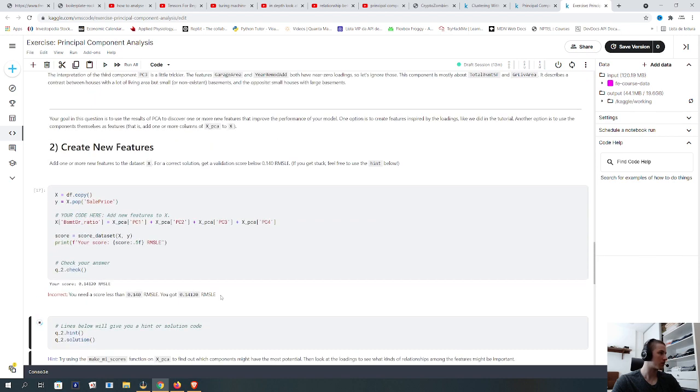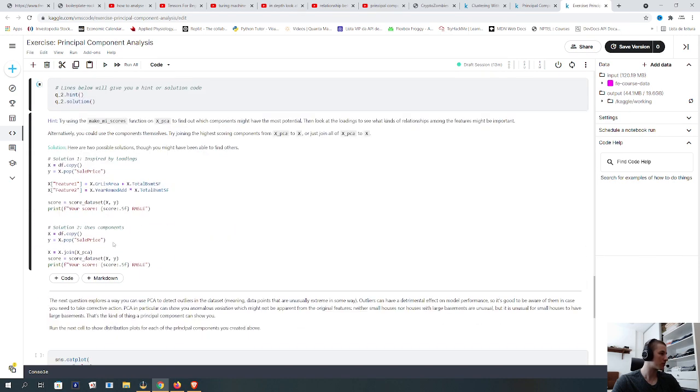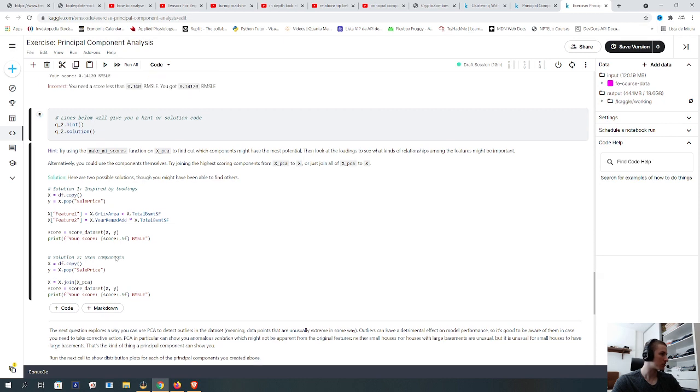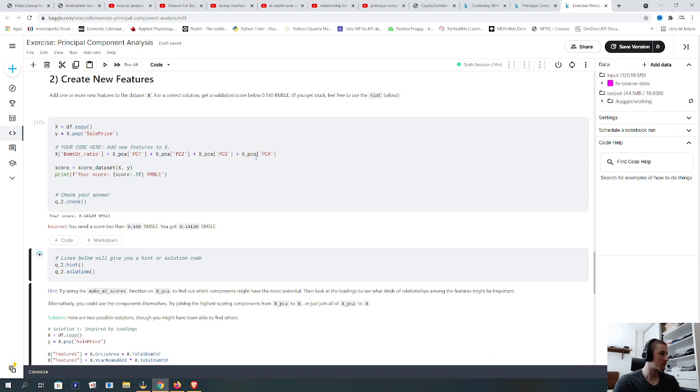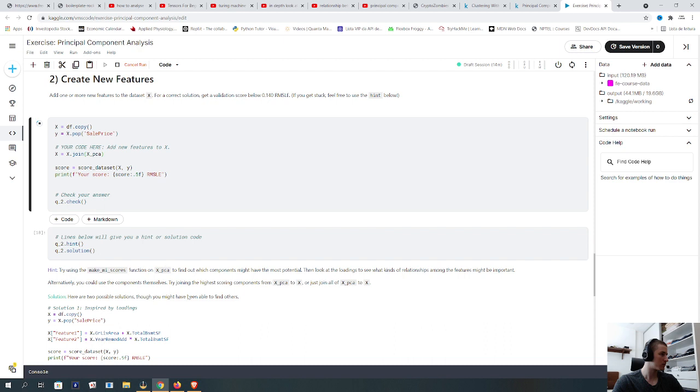X equals the F copy. X join XPA. So it's just joining the other.